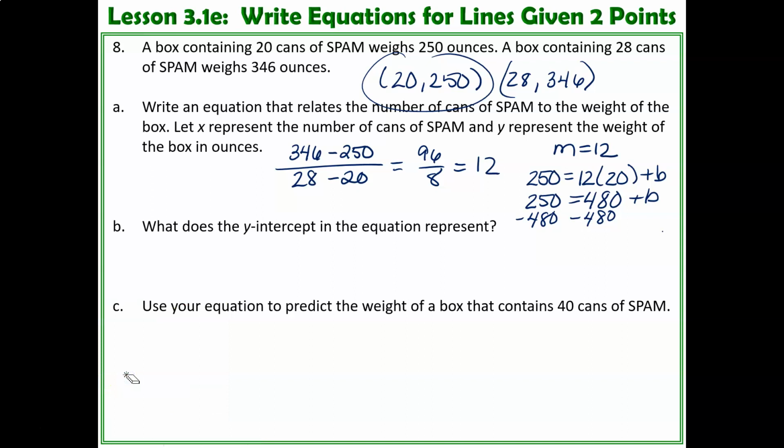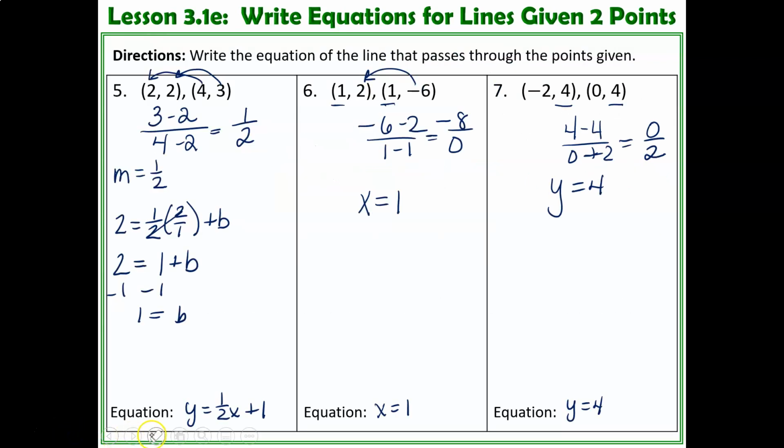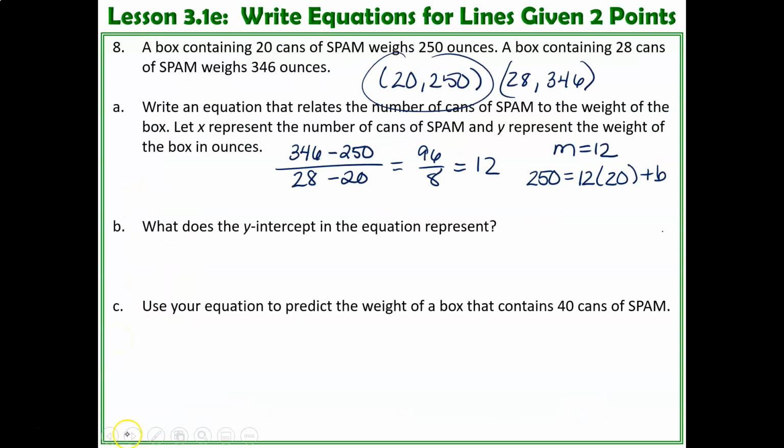All right, let me rewind here. This is not 480. It's 240. This is 250 equals 240 plus b. Sorry about that. And then I'm going to subtract 240. So b is 10. So my equation is y equals 12x plus 10.